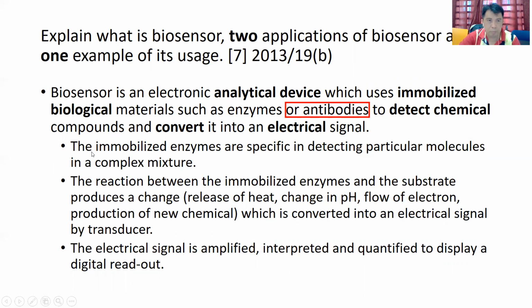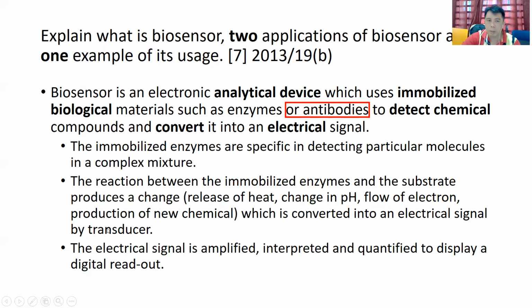Application? No, first they ask to explain what it is. The immobilized enzymes are specific in detecting particular molecules in a complex mixture. Then the reaction between the immobilized enzyme and the substrate produces a change. The change can be release of heat, change in pH, flow of electrons, production of new chemicals, and so on, which is converted into an electrical signal by the transducer.